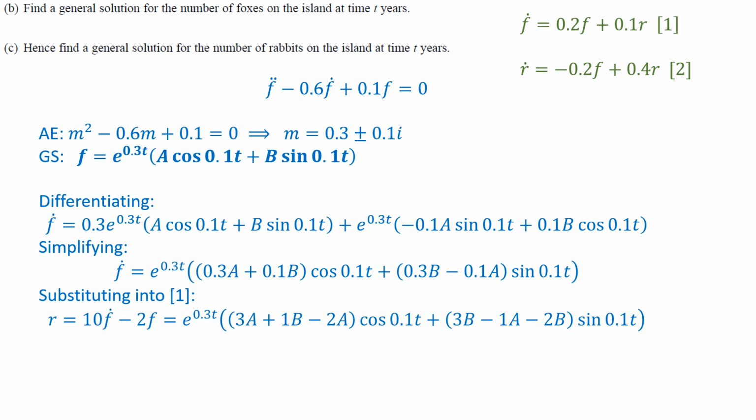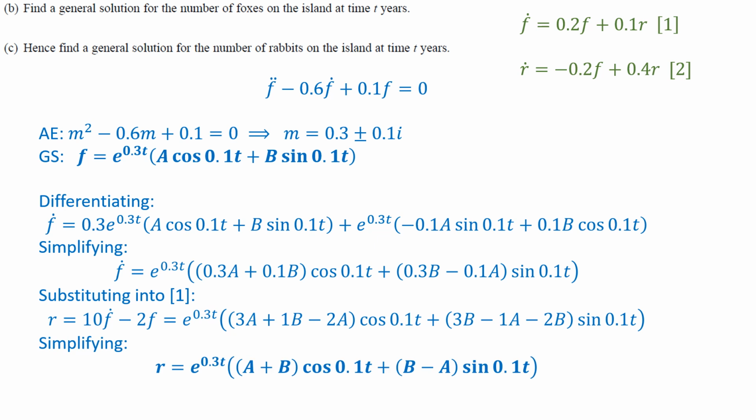So that simplifies the collecting of terms a little bit. And once I tidy that up, I get this. R equals e to the 0.3t, a plus b cos 0.1t plus b minus a sine 0.1t. And there we go. That will be the solution for part C, the general solution for the number of rabbits.